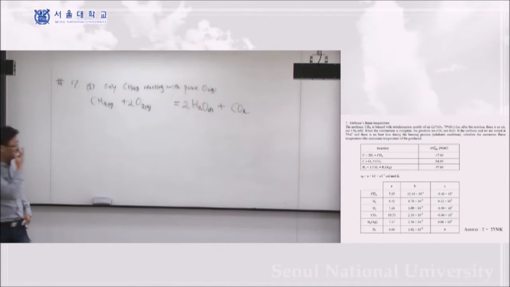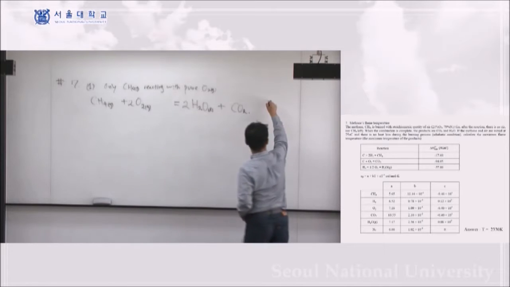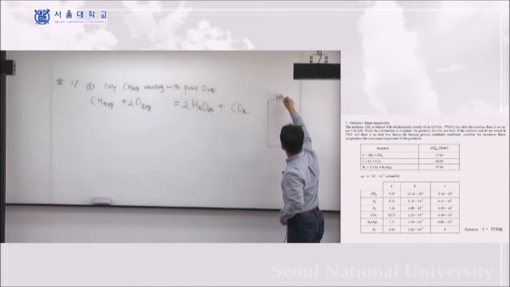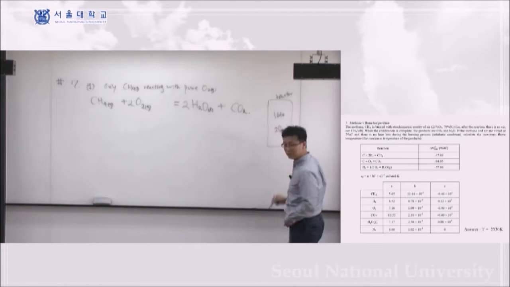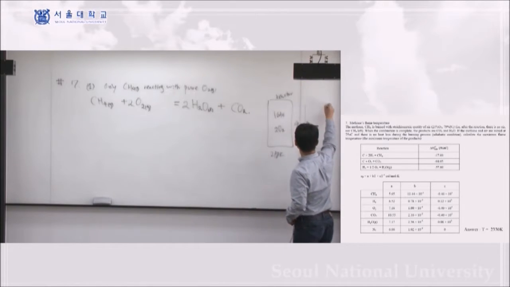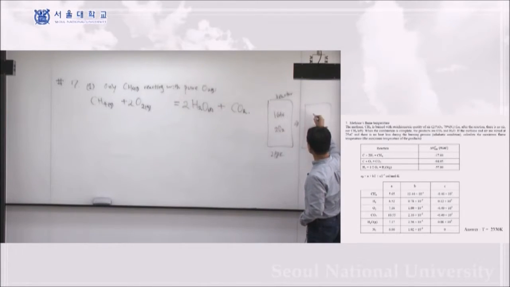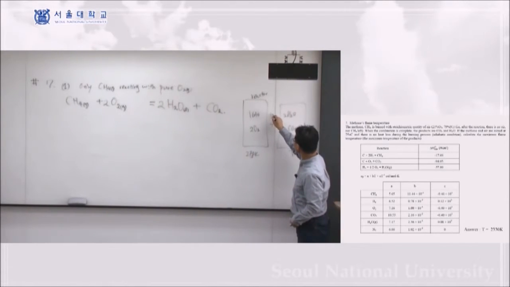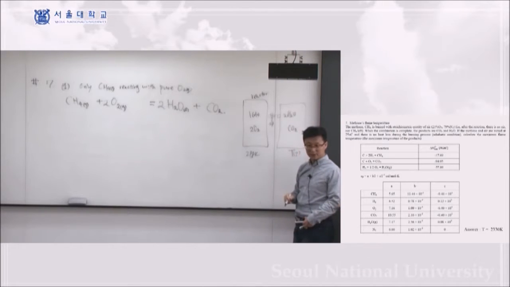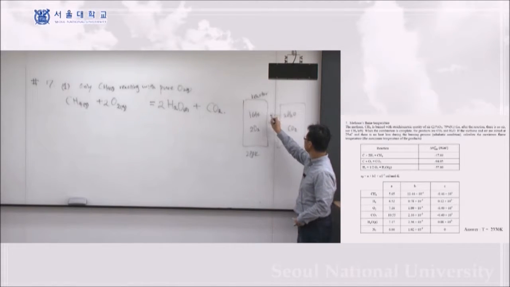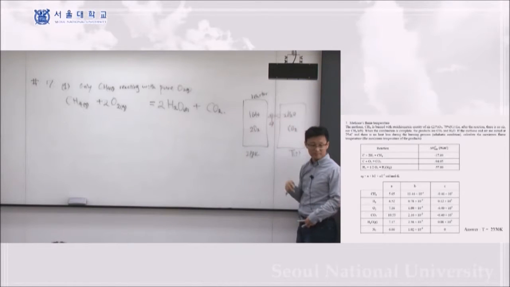Basically I have a reactor here with 1 mole of CH4 and 2 moles of oxygen, injected at 298 Kelvin. I make the chemical reaction, and in the end this will be H2O and 1 mole of CO2, and I don't know this final temperature. I assume delta H equals 0, adiabatic condition. The initial and final heat are the same.